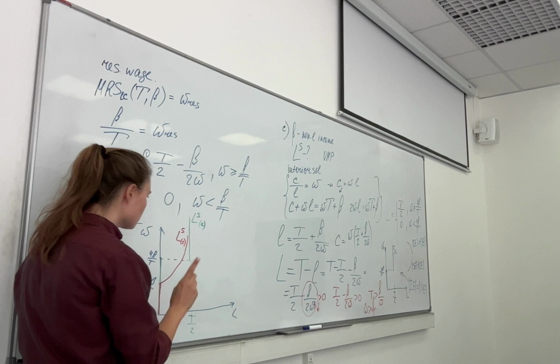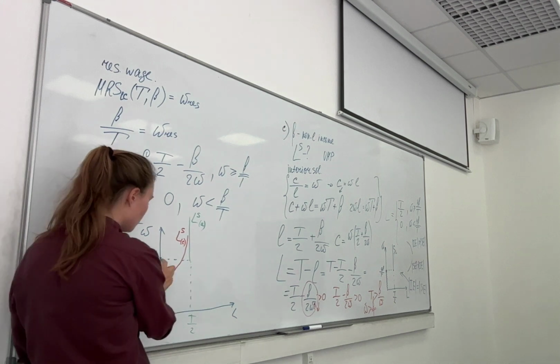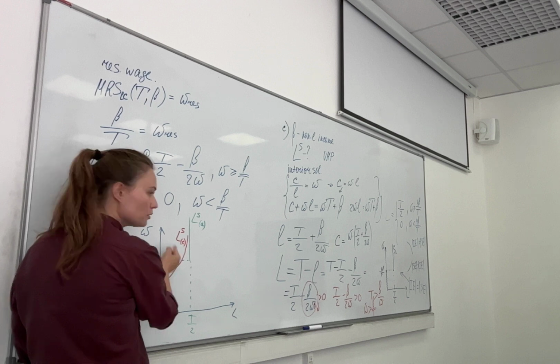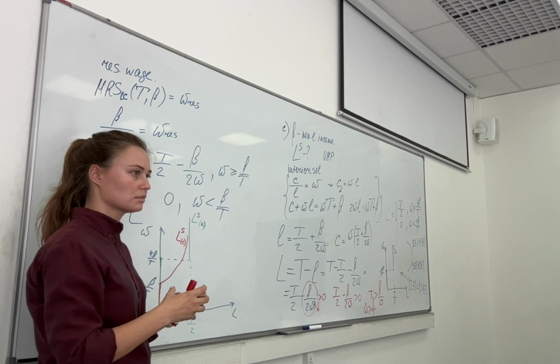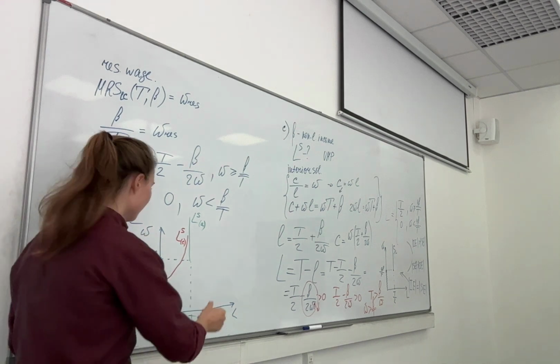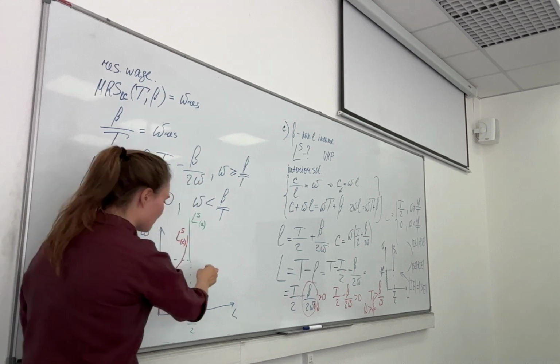But in point A, if we begin to work, we will not have this unemployment benefit. Yes, it will disappear. And for example, let's decrease the wage.